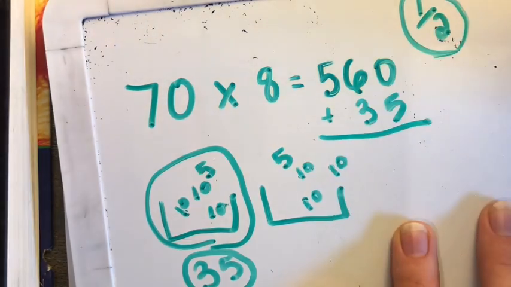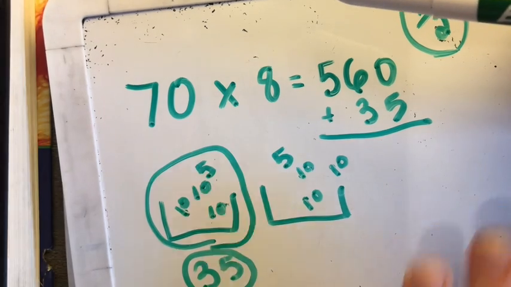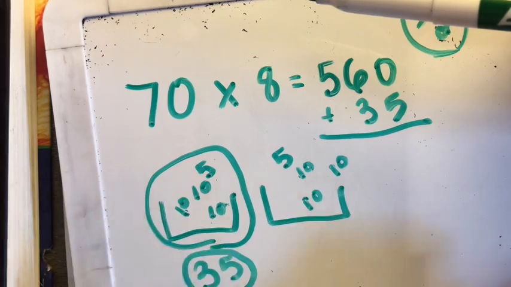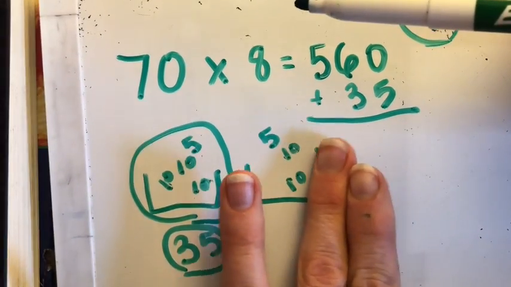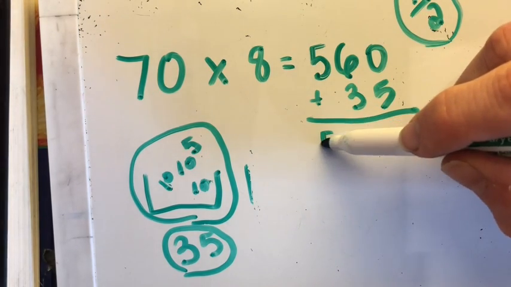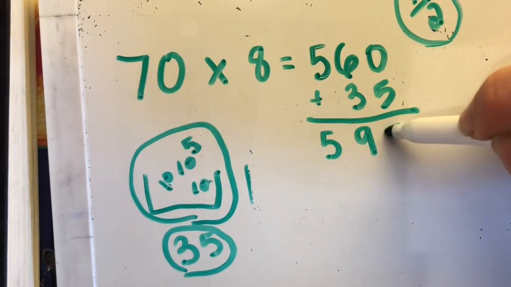And I drew it out. I don't know if that made it easier or more confusing, but I split 70 in half. I put 2 baskets and I split them in half. And that got me 35. So 560 plus 35 is 595.